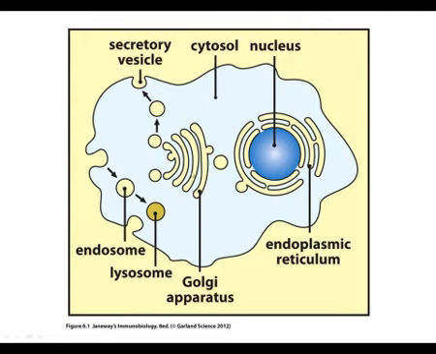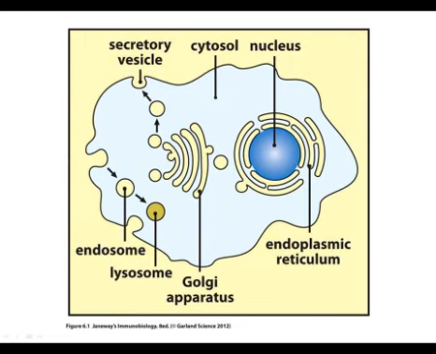The Golgi apparatus takes other products and makes them into secretory vesicles. So it packages endosomes and lysosomes. Okay, so viruses can be made by the cell's nucleus and endoplasmic reticulum, and then end up in the cytosol. Or it can be engulfed and then escape from the endosome and end up in the cytosol.